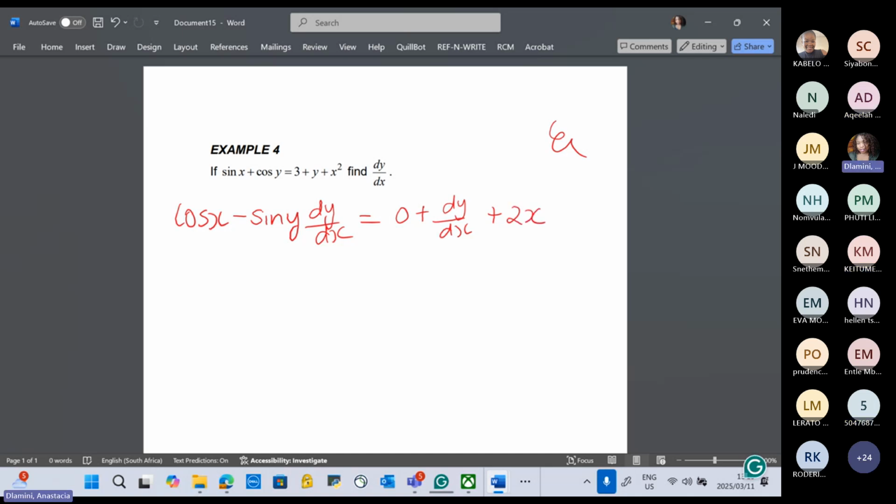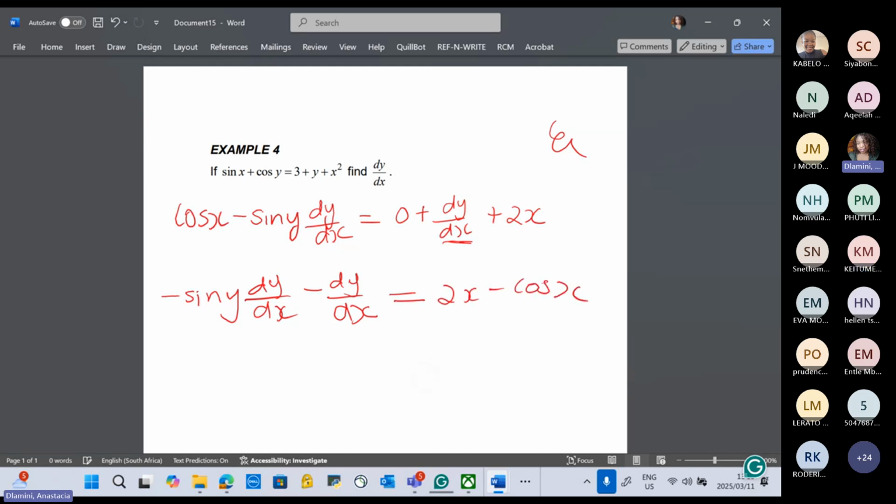Do you see that? So here we have dy dx on this side, so we can take it to the other side. So this is minus sine of y dy over dx minus dy over dx equals 2x minus cos of x.